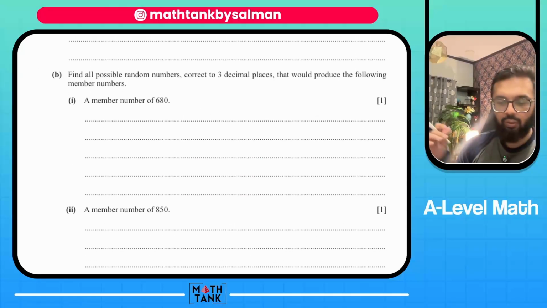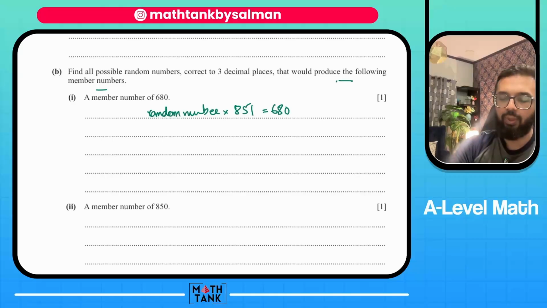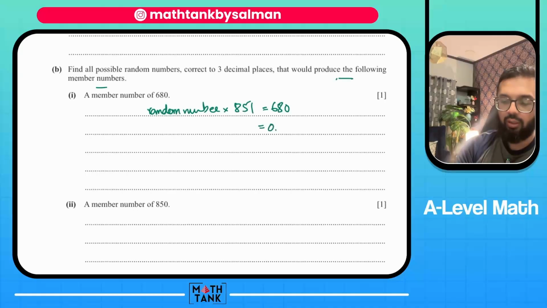Then it says find all possible random numbers correct to three decimal places that would produce the following member numbers. I know that member numbers come up when I multiply random numbers by 851. So let's say I wanted the exact member number 680. What would I say? 680 divided by 851 gives me 0.7990, so 0.799.